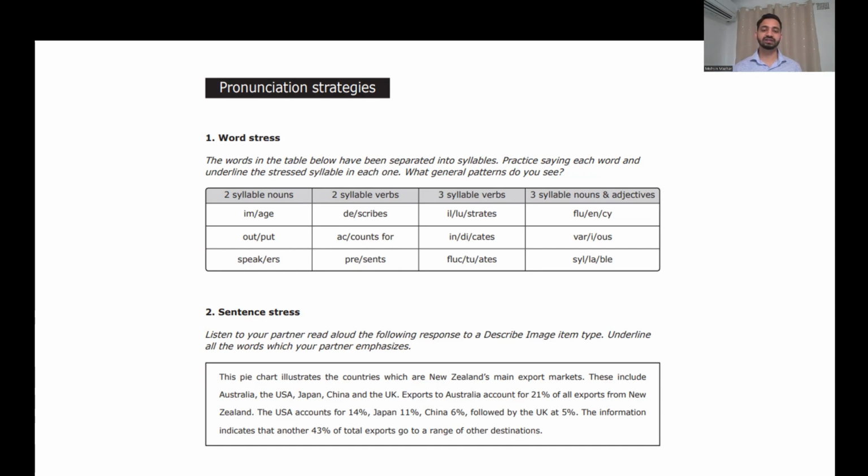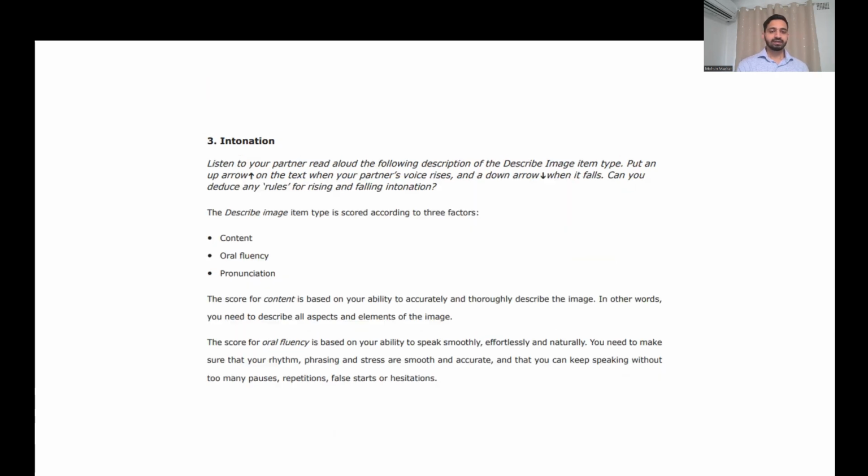The nouns, the verbs, the adjectives are stressed, not the prepositions, okay? If you're stressing the prepositions, that might not make sense. All right, for intonation also, I want you to draw an upward arrow when you think the intonation rises, and a downward arrow when it falls.